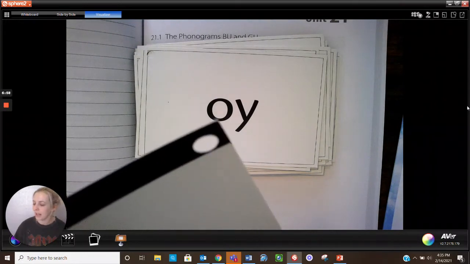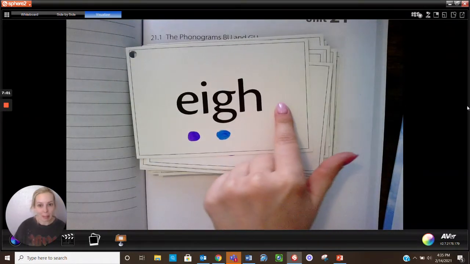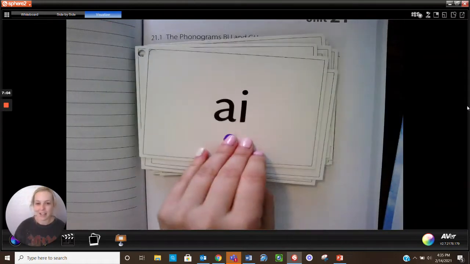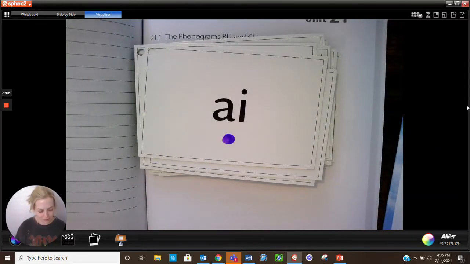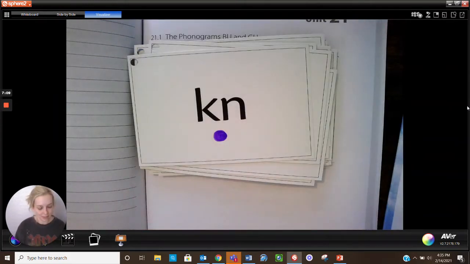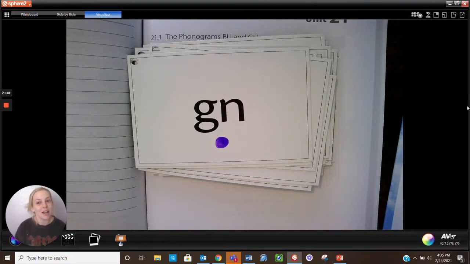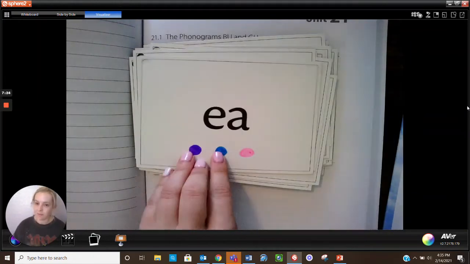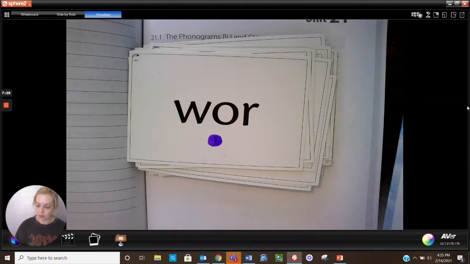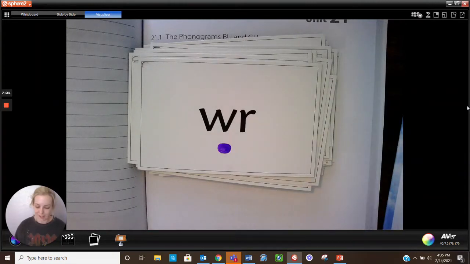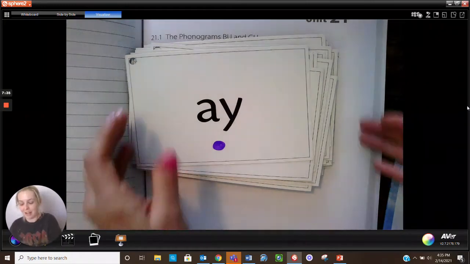No, sorry, only at the end of a base word or before a T. A, two-letter A, that may not be used at the end of English words. N, two-letter N, used only at the beginning of a base word. N, two-letter N, used at the beginning or the end of a base word. E, A. Were, A, two-letter A, that may be used at the end of English words. Awesome job.